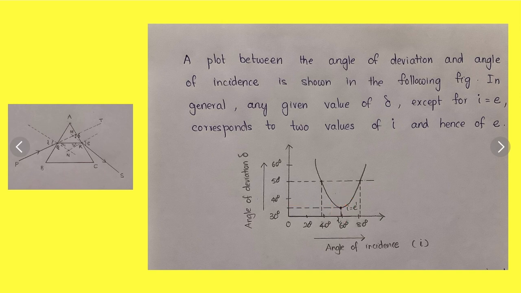If you observe carefully, this last point has only one angle of incidence from the x-axis and one angle of deviation from the y-axis. Clearly you can see this particular angle, where you have only one angle of incidence for one angle of deviation, we call it the angle of minimum deviation.